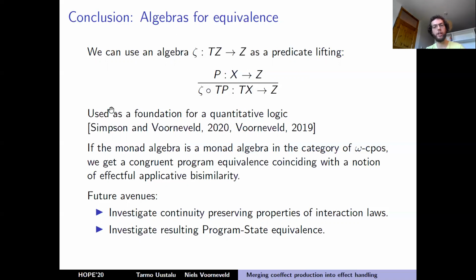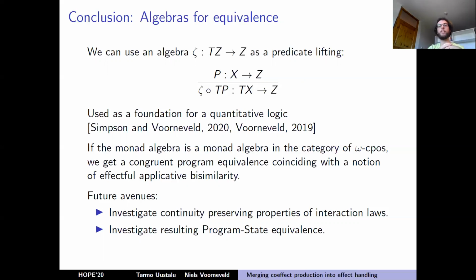In general, the logic does not look like a Hoare style logic, but you can formulate a Hoare style logic within it. But in general, as seen in a previous paper by me and Alex Simpson, you can see how these monad algebras can give rise to quantitative logics, which, if they satisfy an additional property of omega continuity, in fact specify a congruent program equivalence for languages like PCF with effects, basically.